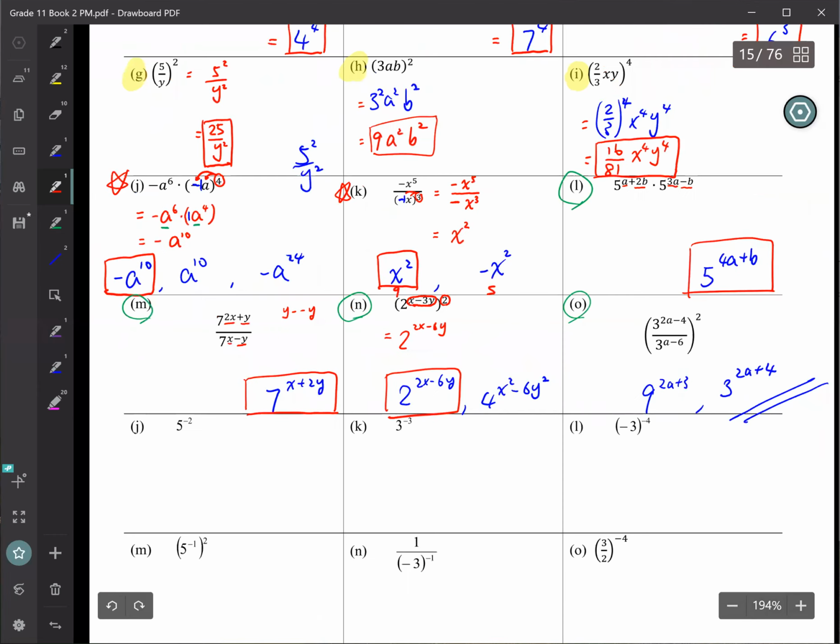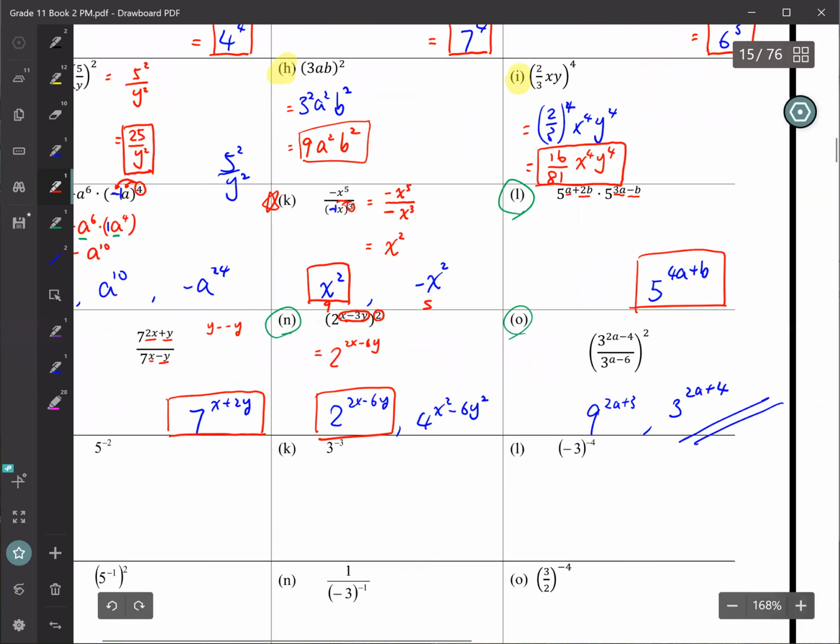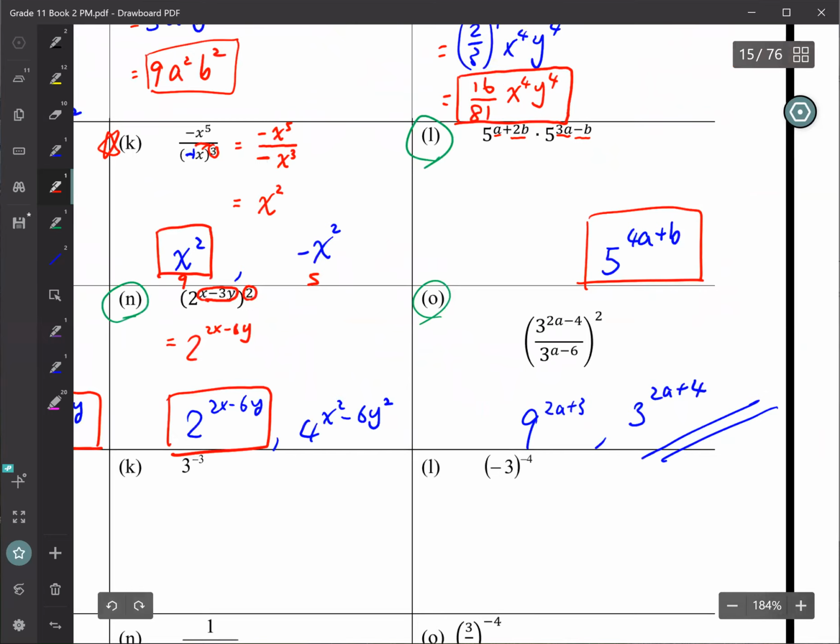Okay, question O, we have 2 answers as well. There are a couple ways to do this one. One of the ways is you look at the outside. You have a square and then you start to bring it in. Okay, that's one way to go.